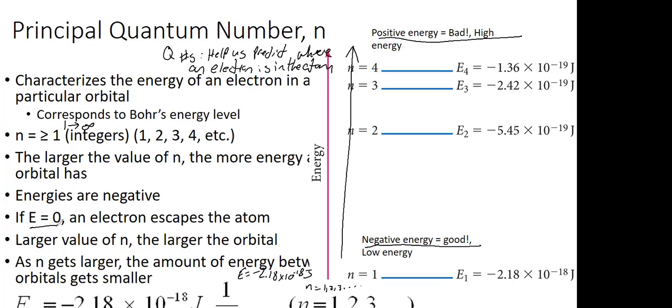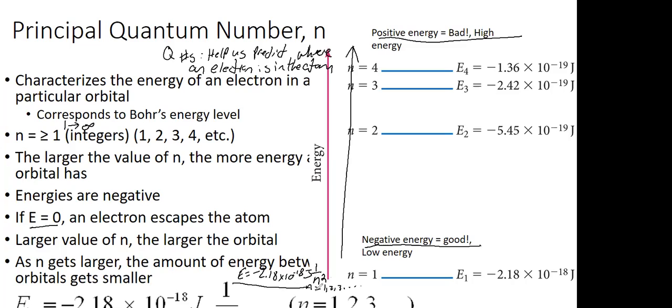And we can calculate the energy of an electron based on its principal quantum number. And that was the equation that's shown here. So the energy of an electron in a principal quantum number is energy equals negative 2.18 times 10 to the minus 18 multiplied by 1 over n squared, right?